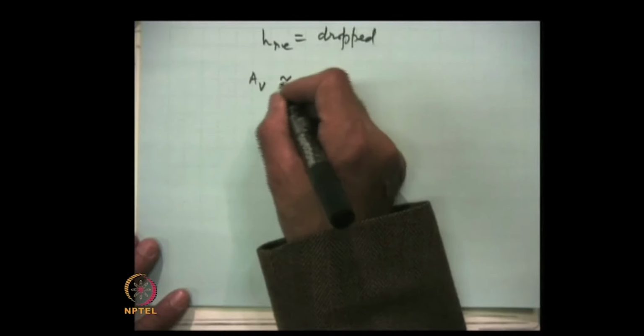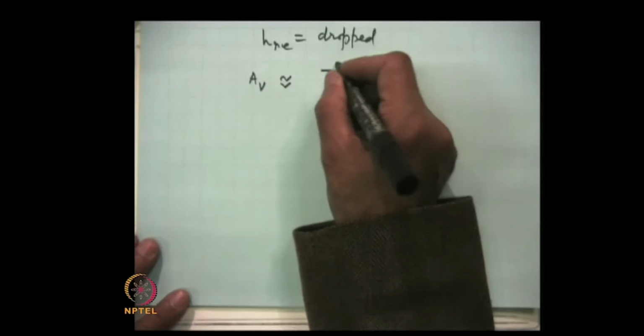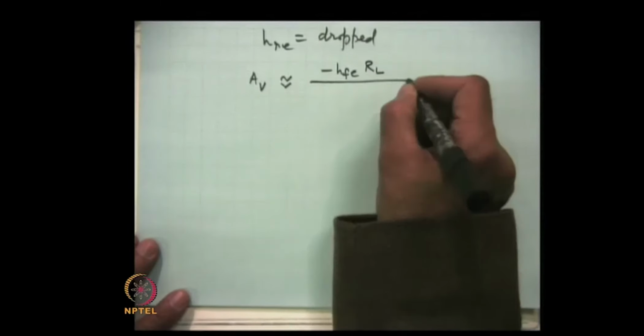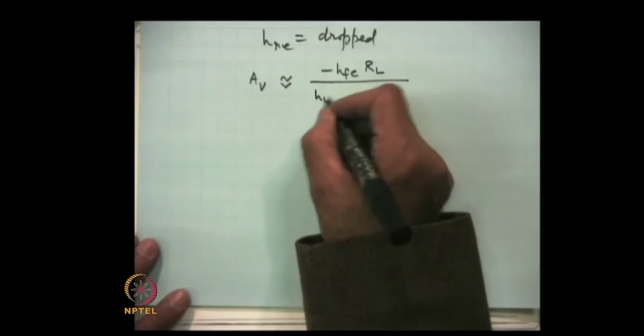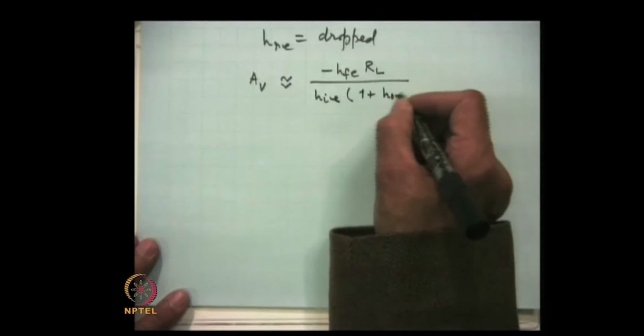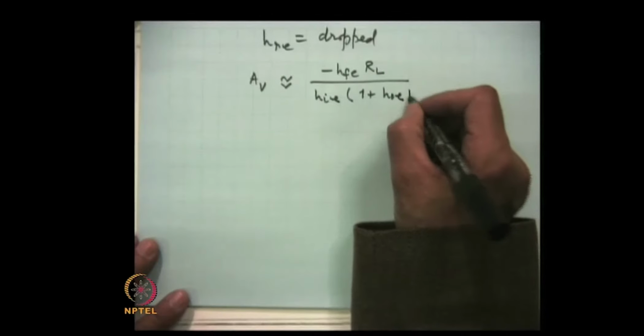So, accuracy does not suffer significantly, and this is equal to HFE RL by HIE into 1 plus HOE RL.